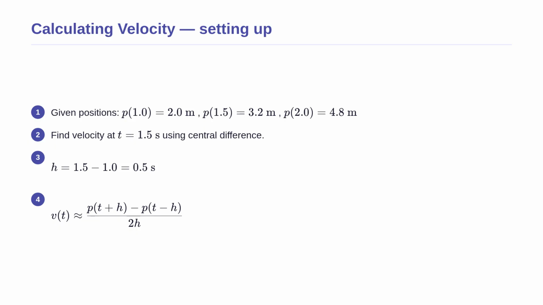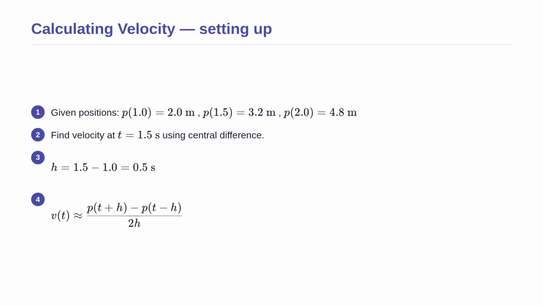Before we move on, let us see this formula in action with a concrete example. A robot is moving along a straight line, and we are given its position at 3 specific times, 1.0, 1.5, and 2.0 seconds. We are asked to calculate the approximate velocity of the robot at exactly 1.5 seconds.